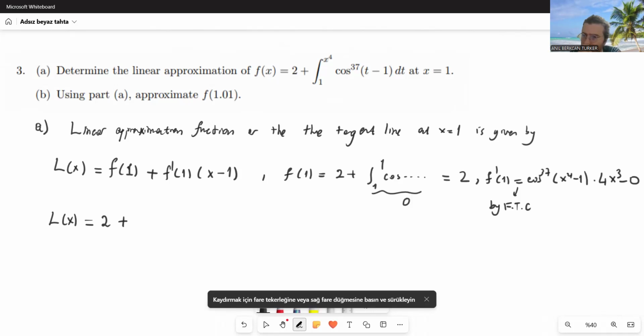When you put 1, f prime(1) is equal to cosine of 37 times 0, times 4 times 1 cubed, which is just 4, right? Because cosine 0 is 1. When you take the higher powers, it is still 1, so it is just 4.